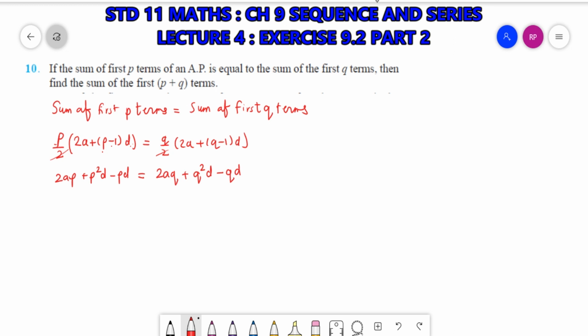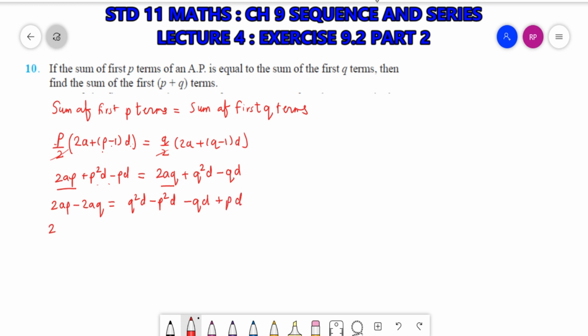Okay, so now let's take 2ap minus 2aq on one side and the terms with d on the other side. So it will be 2ap minus 2aq. This is equal to q square d minus p square d minus qd plus pd.